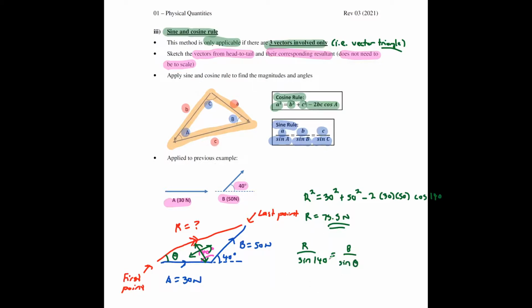If we substitute in all the values, we will have 75.5 for R over sine 140 equals 50 divided by sine theta. Eventually, we will get theta as 25.2 degrees. Notice that the magnitude and the direction of the resultant are exactly the same as the previous method using resolution of vectors.